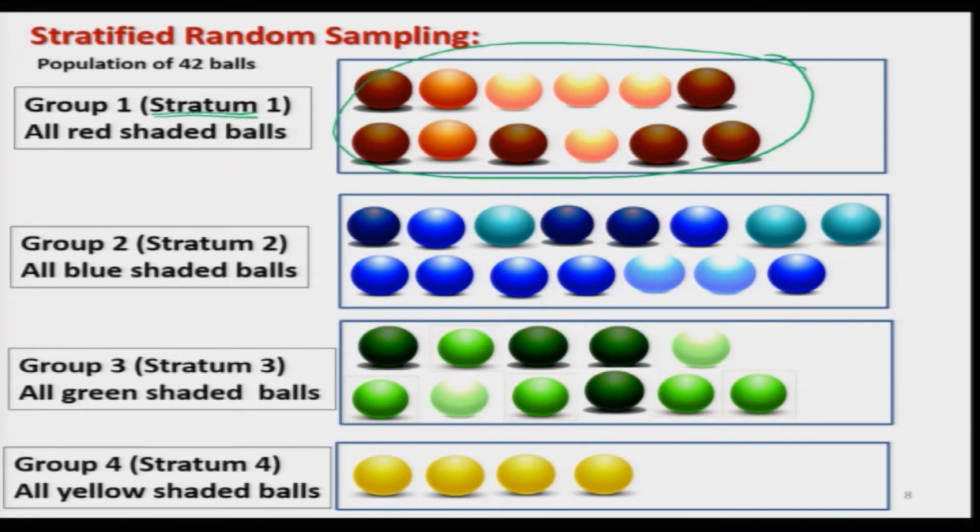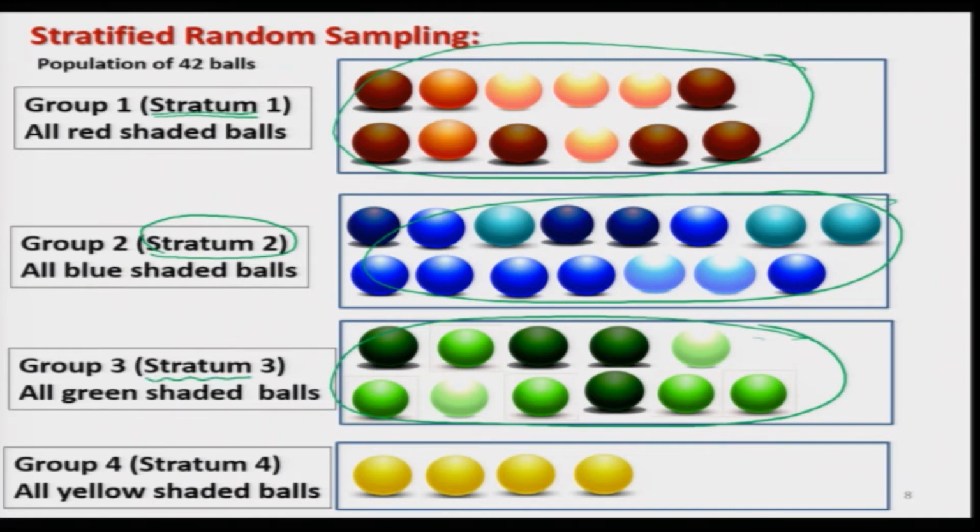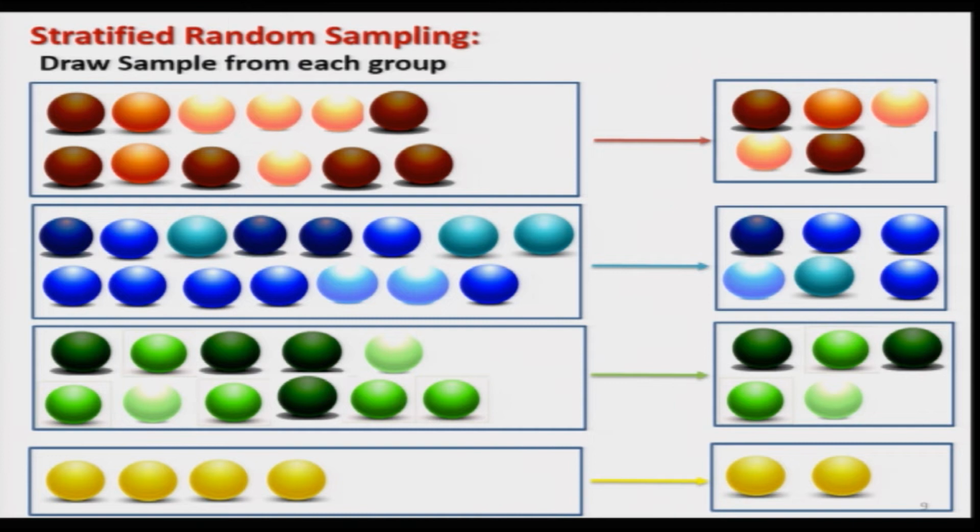Similarly, the second group is called stratum number 2, which consists of balls with approximately blue shades. Similarly, the third group of green color balls is called stratum number 3, consisting of balls of different shades of green. And the group of yellow color balls is my stratum number 4, which contains all the balls of yellow color.